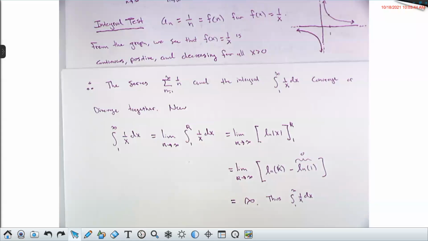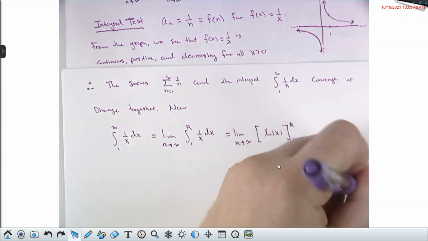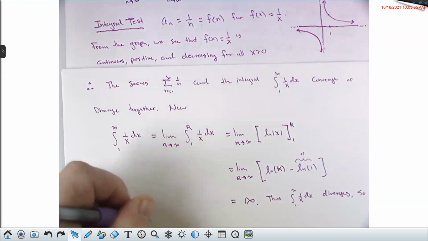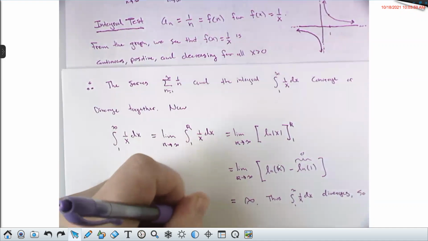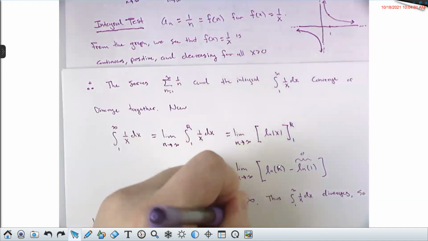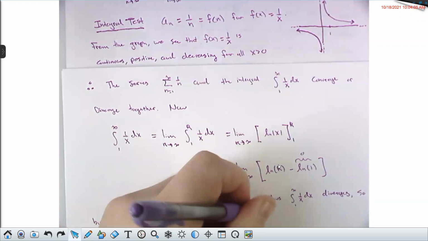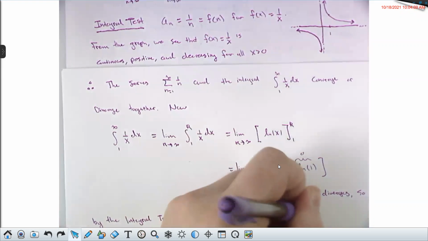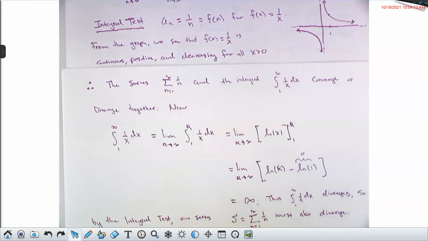Divergent. Very good. So by the integral test, our series S equals sigma n from 1 to infinity 1 over n must also diverge.